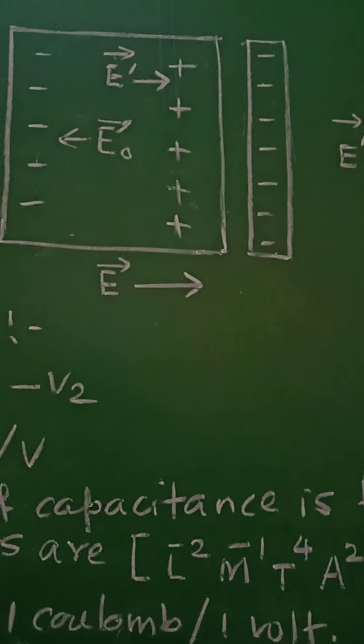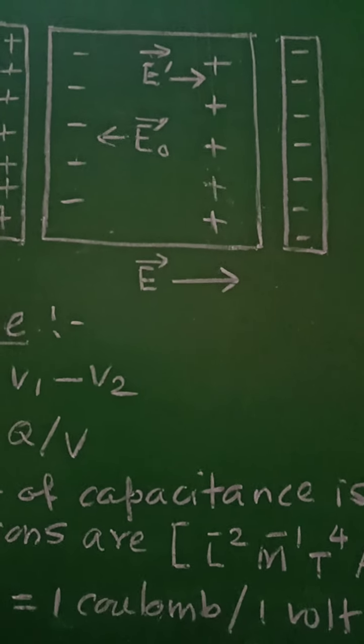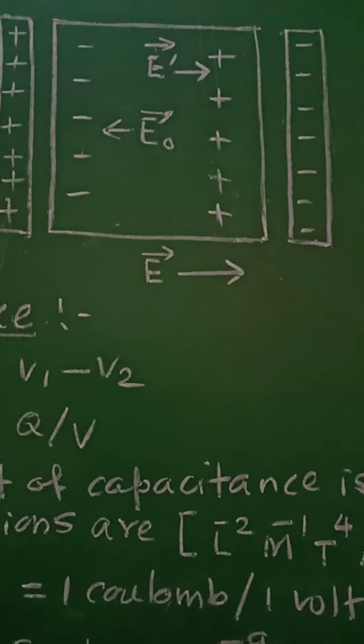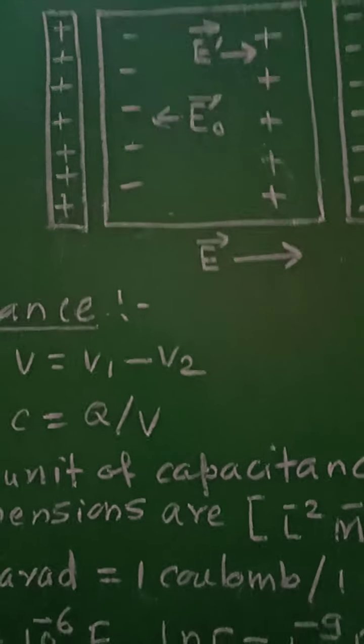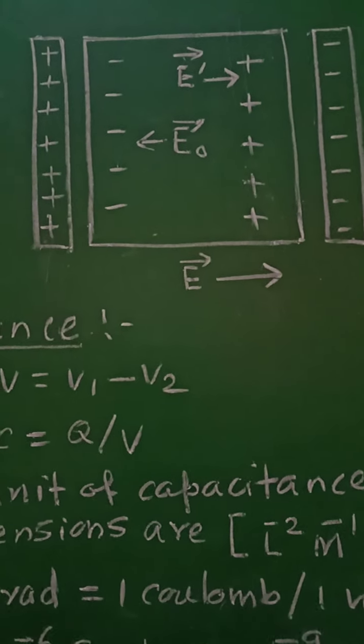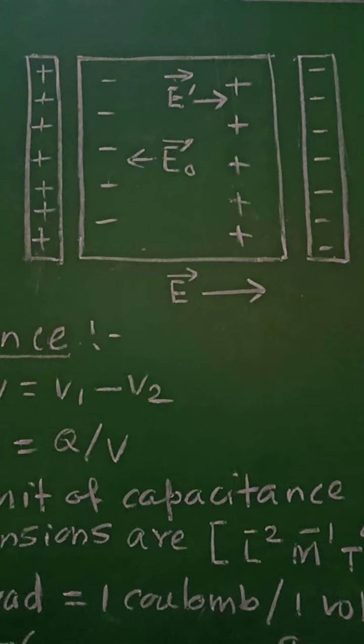This represents the net electric field inside the dielectric, and therefore the greater the applied electric field, the greater is the degree of alignment of the dipoles, and hence the greater is the polarization field.